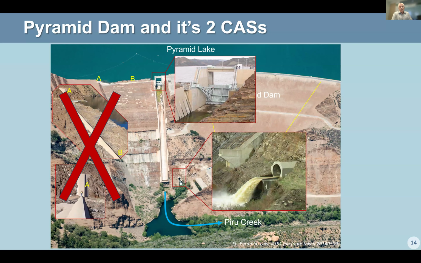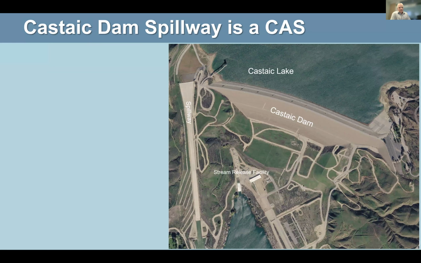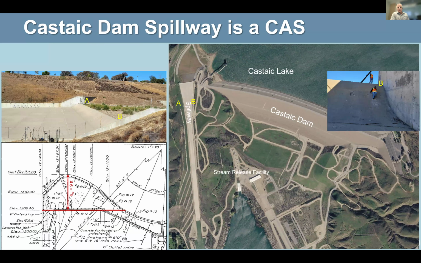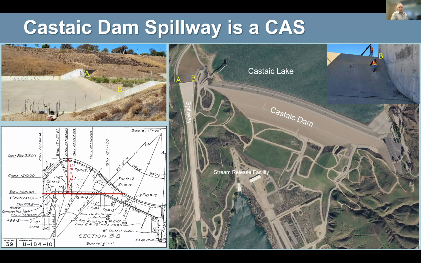Just downstream from Pyramid Lake is Castaic Lake. This also has an ungated spillway, but this spillway actually is a CAS, and it's taller. It's like the structural height is like 9 feet, and it impounds more than 5,000 acre feet of water.